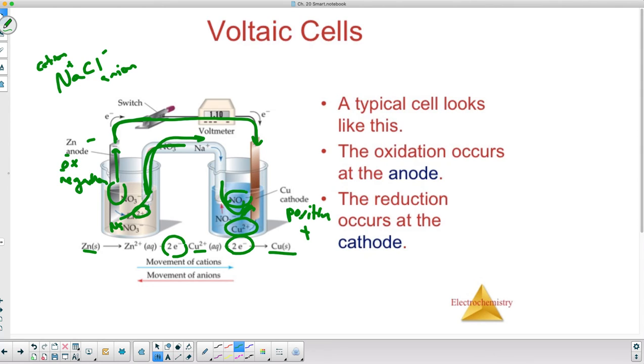So nitrate's going to the left, sodium ions going to the right. So the cations go towards the cathode, and the anions go towards the anode. One of the reasons why it was named like that. So let's keep moving.